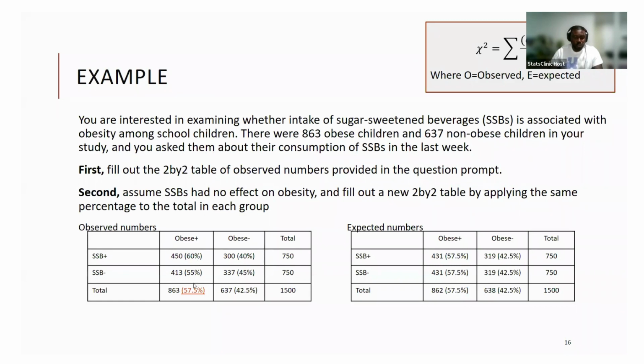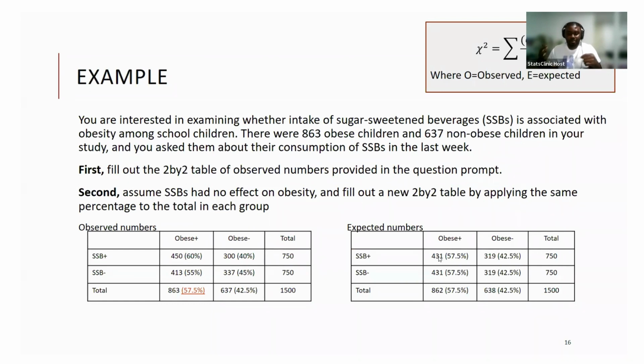But there's a total, which is 57.5%. In this scenario, what we did was that we took this 57.5% and applied it to this 750, and then you obtain 431.